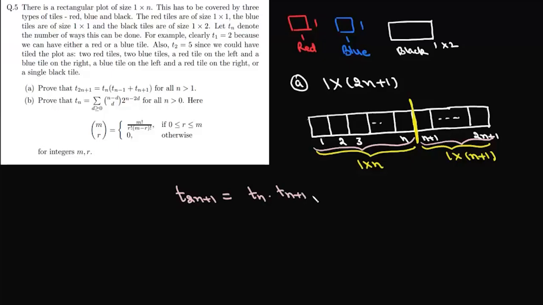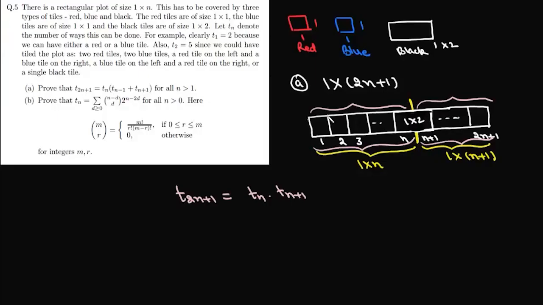Now in this plot we have assumed these 2 portions are separate entities. Now there is a second case possible, where we have this black tile in the n and n+1 position. So here they are not disconnected and we have this 1 cross 2 tile here.